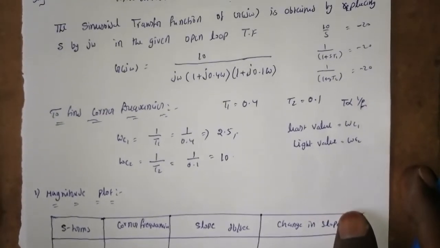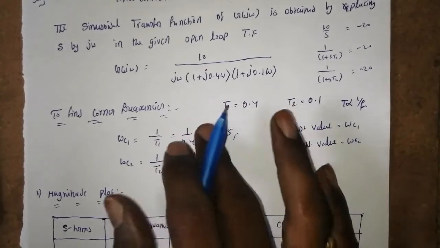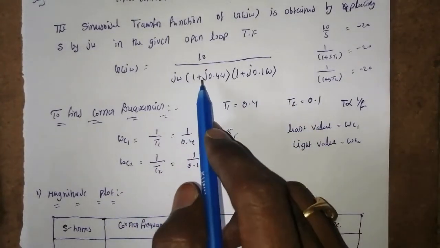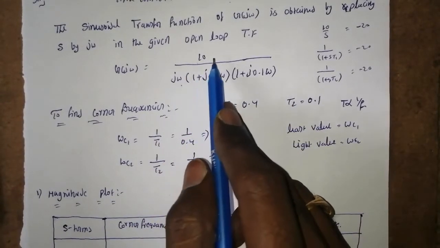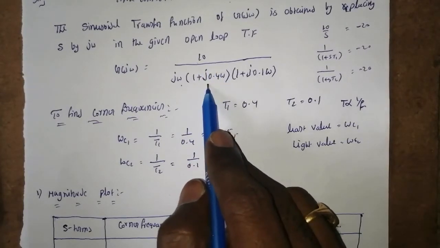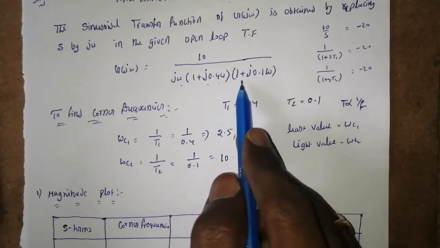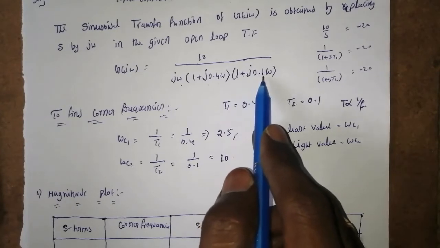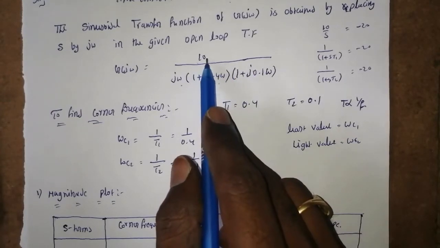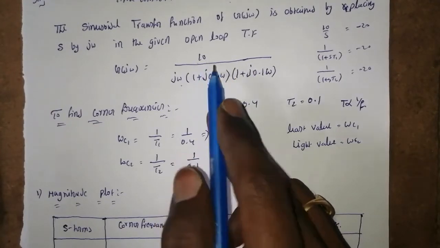While observing this transfer function, we have three S terms, right? One is 10 divided by j omega, another one is 1 by 1 plus j 0.4 omega, another one is 1 plus j 1 divided by 1 plus j 0.1 omega. So don't forget to consider the constant value also here, right?